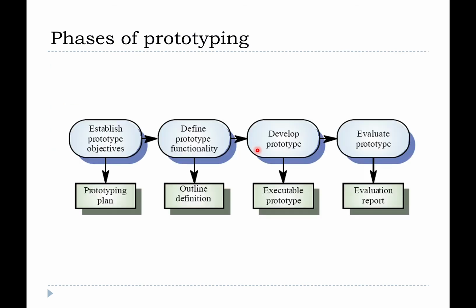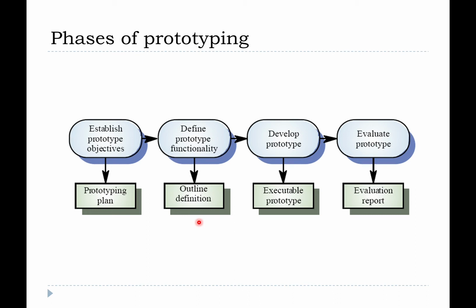So the phases of prototyping come in 4 steps. The first of which is I need to establish my objectives. Why is it that I'm going to be creating a prototype? That usually comes in the sense that we want to check our understanding of certain functionalities, so we have to outline what these functionalities are.